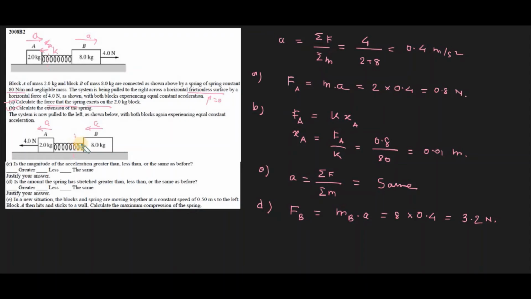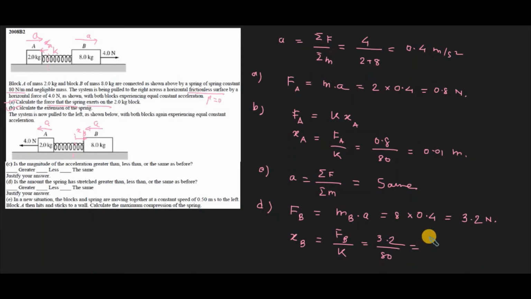Due to this force, the spring on the right-hand side is getting elongated, and let's say the elongation is equal to xb. Now we can determine the elongation xb: it is the force exerted on the spring by the B block divided by the spring constant. So it's 3.2 upon the spring constant, which is 80.